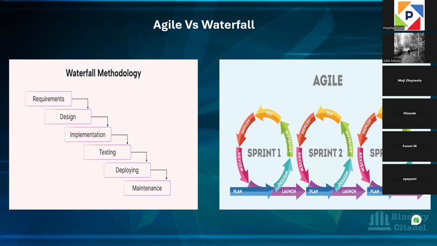But with Agile, the end user is part of the whole process from the beginning all through. They are inspecting, they're reviewing what has been done, and they are giving their feedback, and the feedback is being acted upon. Changes are being made based on their feedback. So those are the characteristics of the two approaches, Waterfall and Agile.